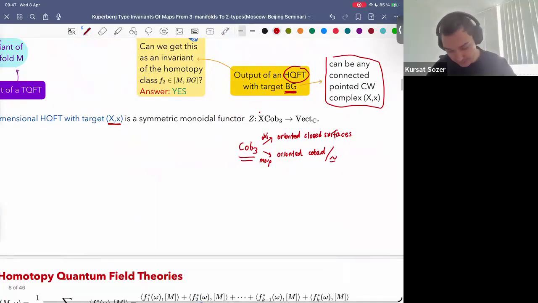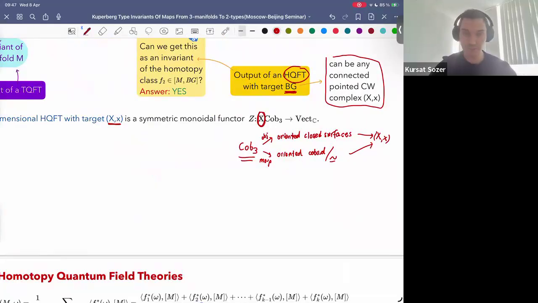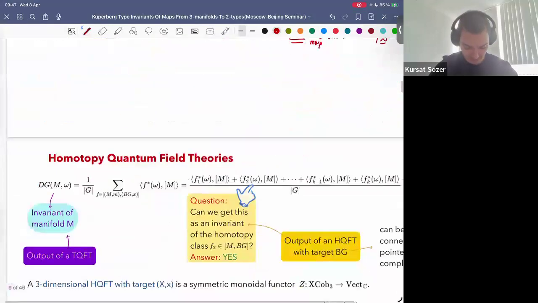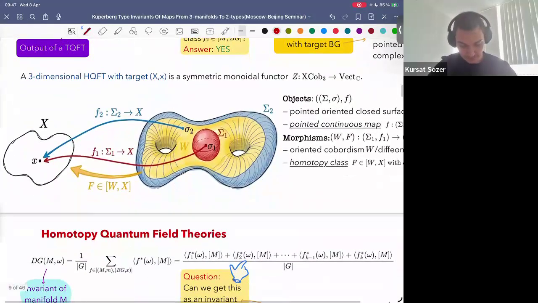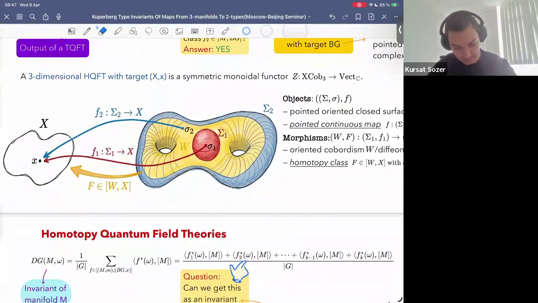And then we put in this extra X, which precisely equips these elements with maps to this space. Both objects and morphisms are going to be equipped with maps to X. So think, for example, of this genus 2 handlebody.